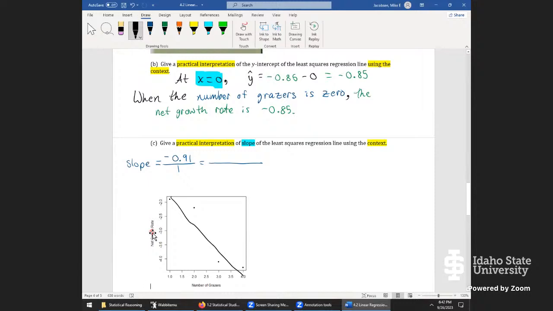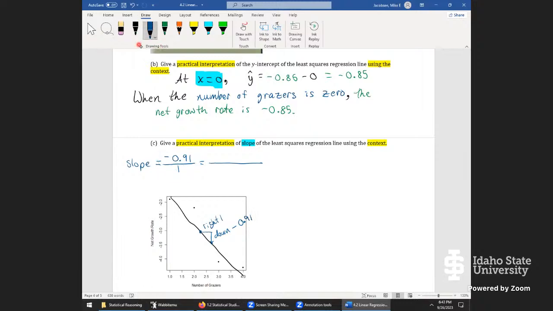Now, when it comes to a slope, the slope is measuring a rate of change of your vertical axis against your horizontal axis. So it says if it's negative 0.91, any point we pick here, let's say we pick a point right here, if we move over by 1 unit, that's this portion where we divide by 1, we have to go down by this amount, negative 0.91.